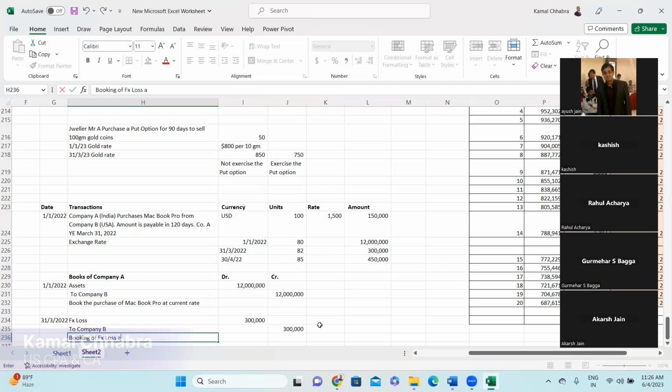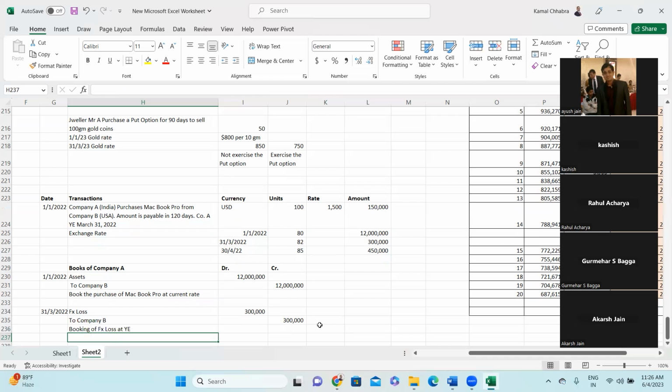Sir, we cannot say it is forex loss because we have not lost yet. Should we not book it in an intermediary account? No. You need to book it in the forex account. You have to book this loss in the P&L, because in future you are expecting that you'll be paying more than what is supposed to be payable.